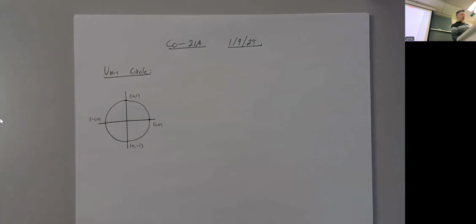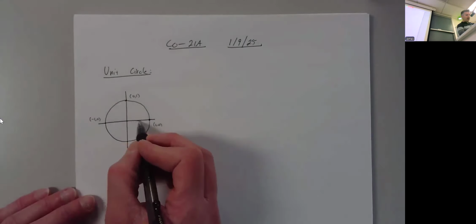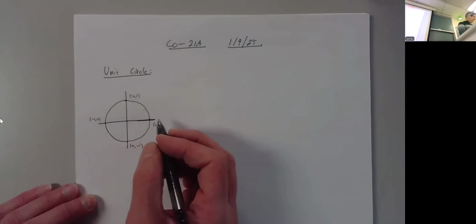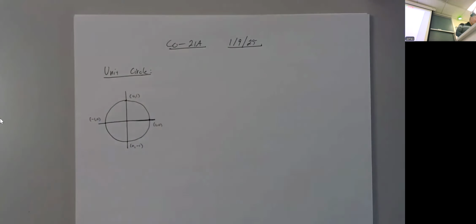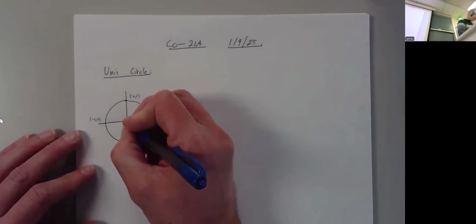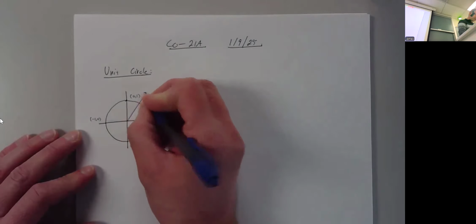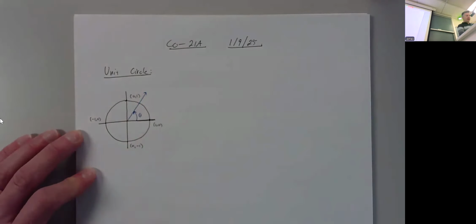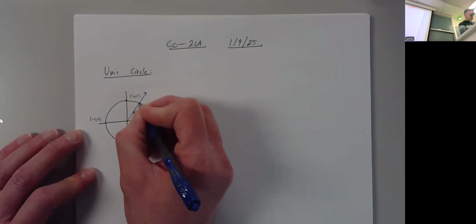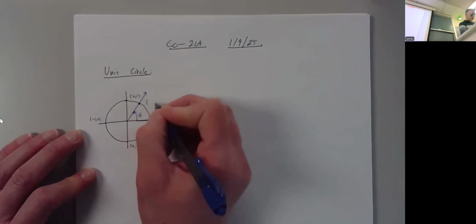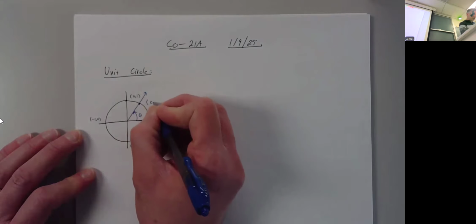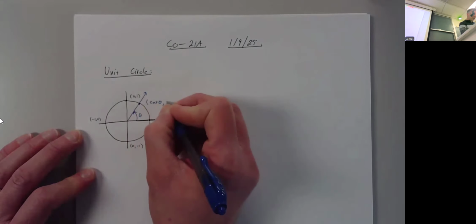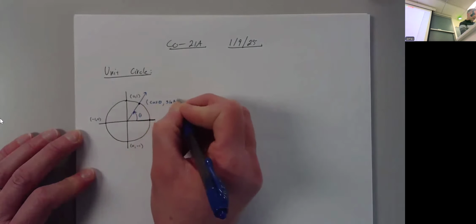The idea is that starting from the positive x-axis, if you think the correct word here is subtend, but I should say go, if you go an angle of theta counterclockwise, then the point on the unit circle here has an x coordinate that is cosine of that angle and a y coordinate that is sine of that angle.